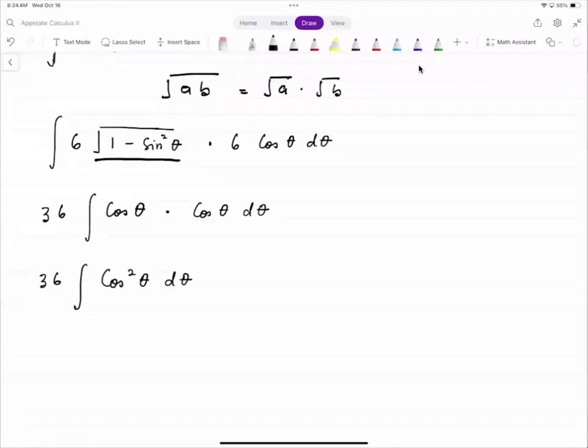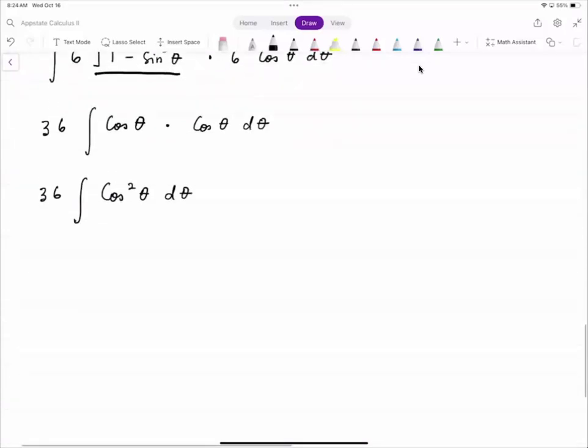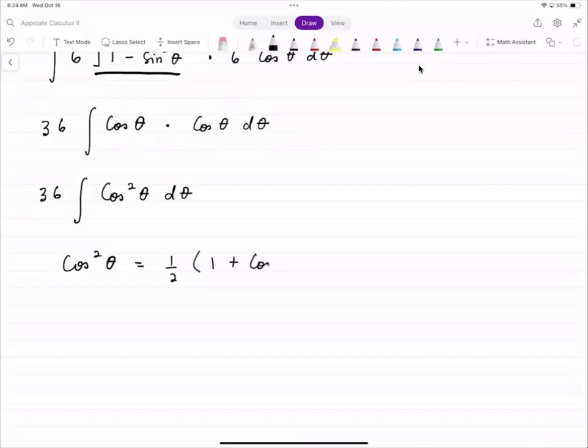And then now we can see from here that we can now integrate. How can we integrate? We could be able to use what we learned in the previous section by using the half angle property. So from the half angle property, we know that cos squared theta is the same thing as half 1 plus cos 2 theta.